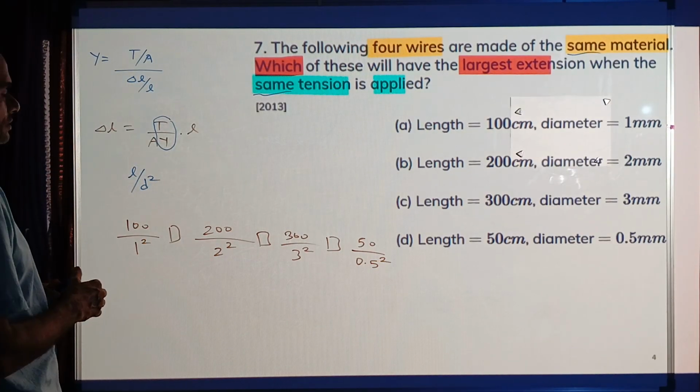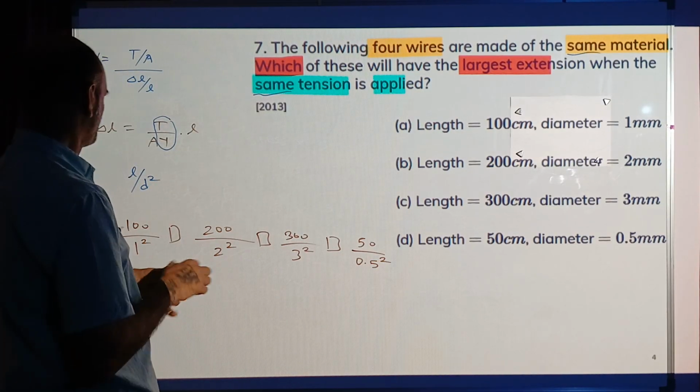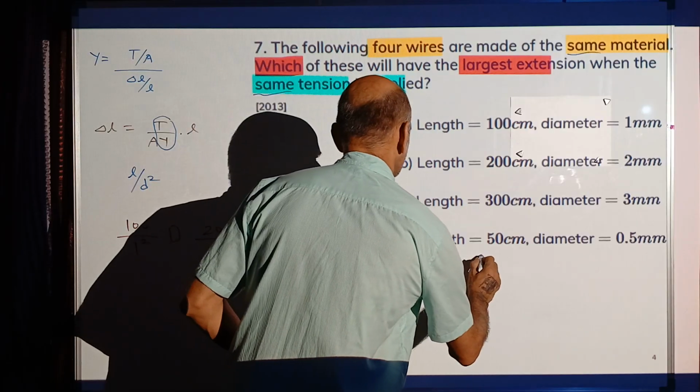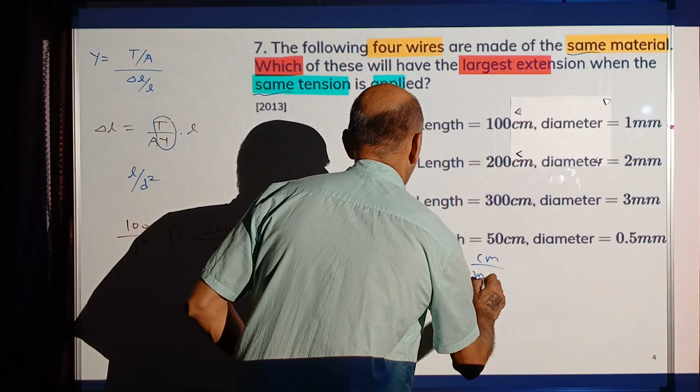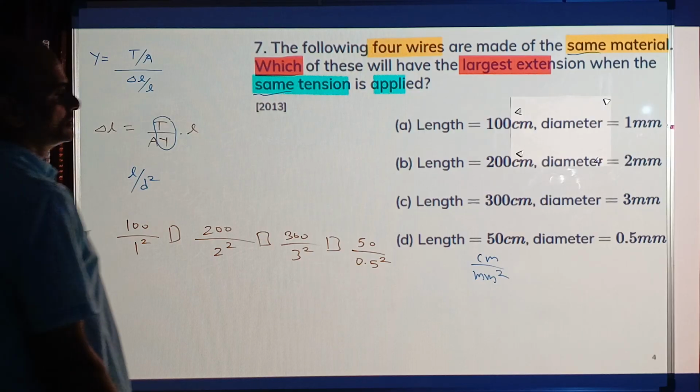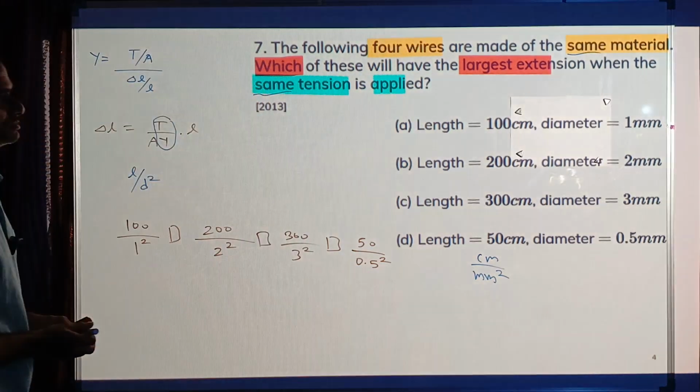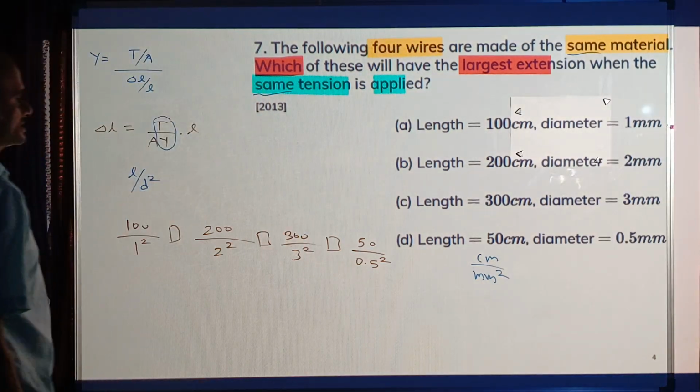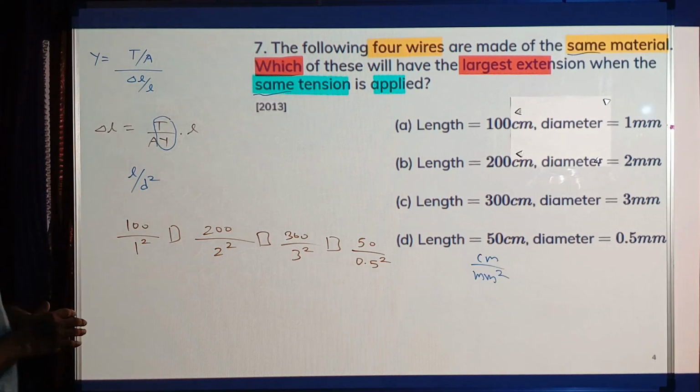So the unit of each of these quantities is centimeter by mm square, because length is centimeter, diameter is mm. You don't have to convert this to centimeter because all the dimensions are same and you have to compare their values.